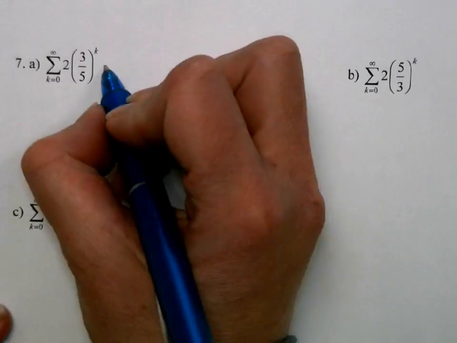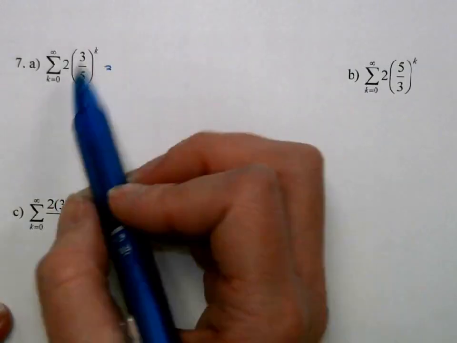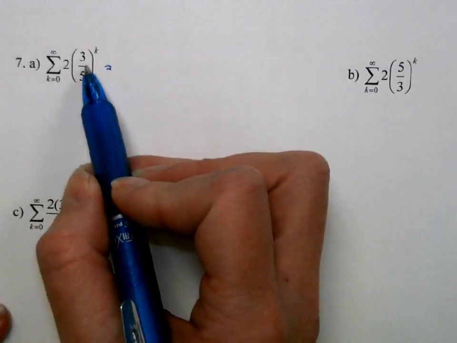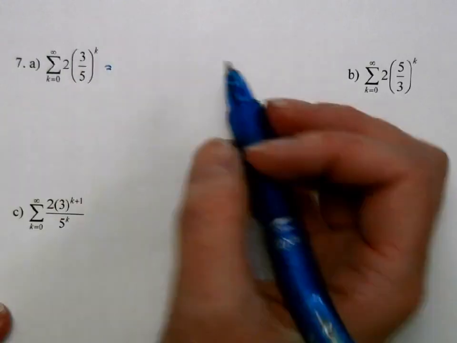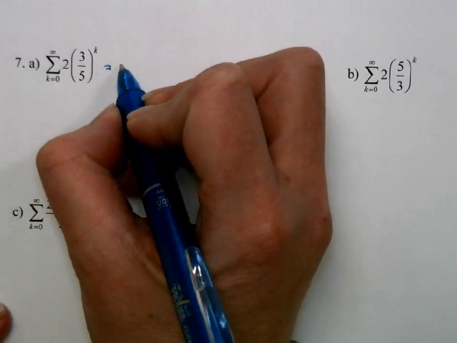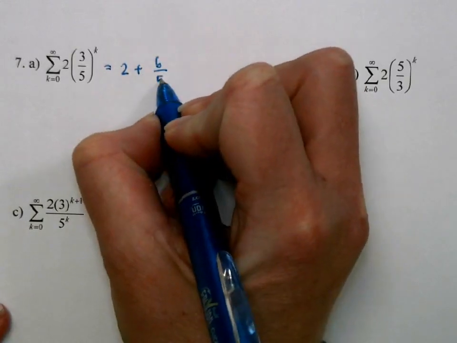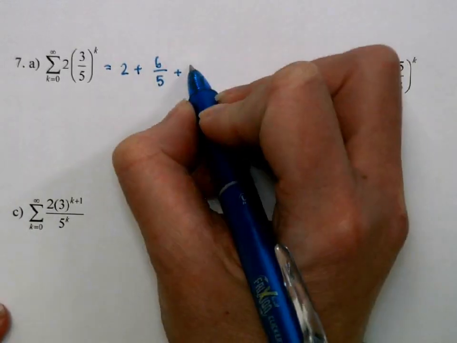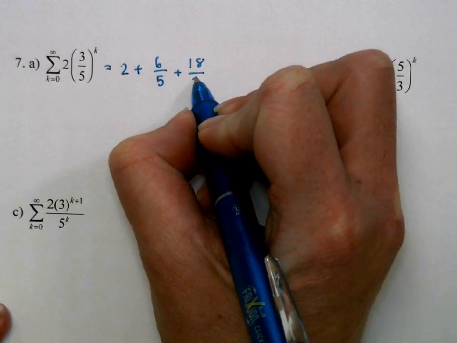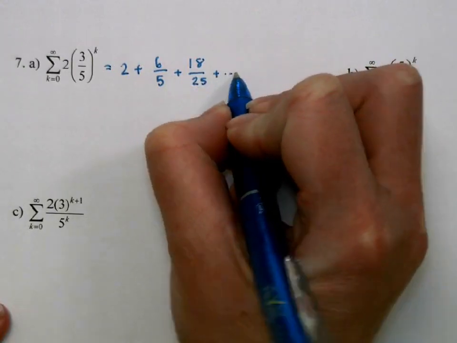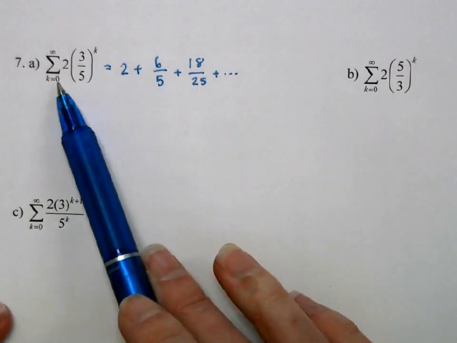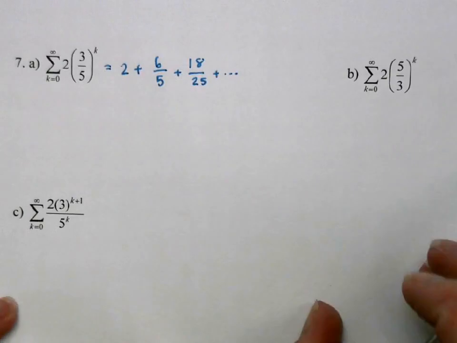All right, next example. This is really in that a1 times r to the n form, or in this case to the k. If I plug in 0, we get 2, 6/5, 18/25ths. And I know I'm doing that quick, but you're just plugging in different numbers for that k.